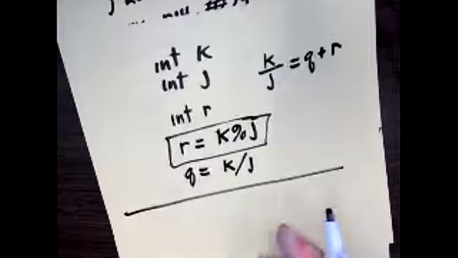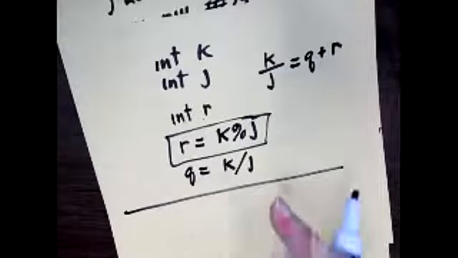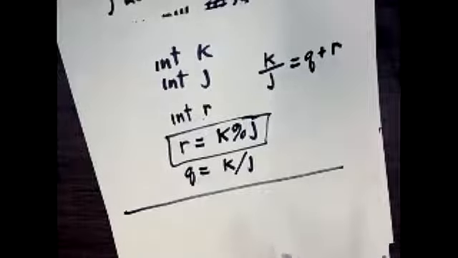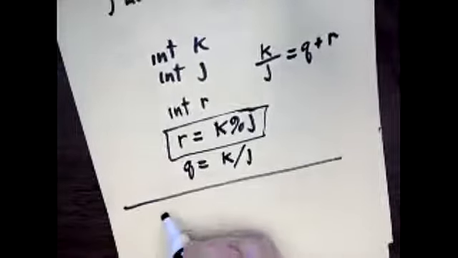I'm going to do it now in assembly just to illustrate division of integers, finding a quotient and a remainder in the same operation. One division does them both.